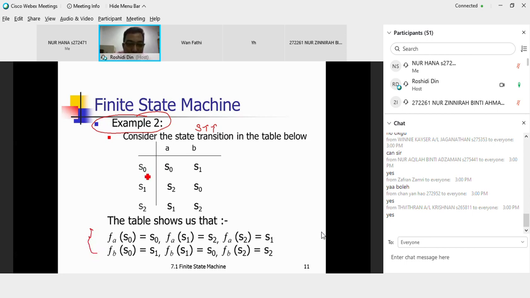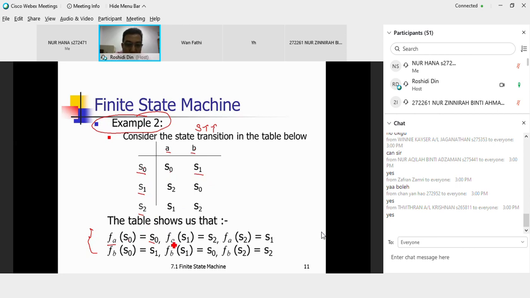So we can see S0, S1, S2 with A, B. Based on this transition table, S0, FA will be S0. S0, FB, the answer will be S1.